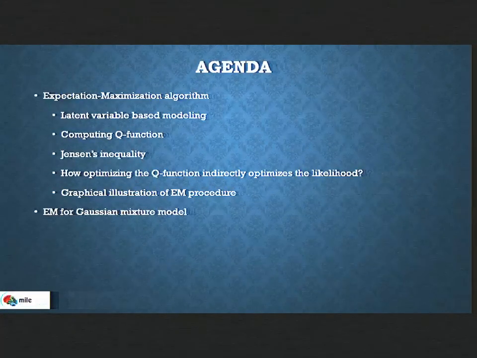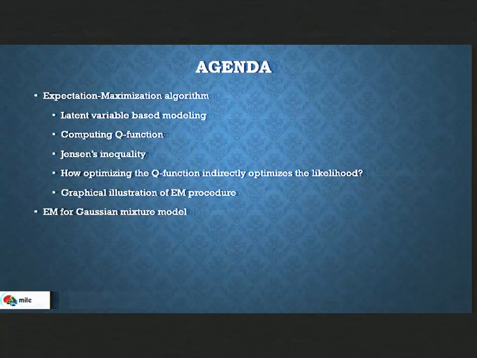So, the need for the EM algorithm is we have seen in lecture 2 that some functions are a bit difficult to differentiate. It has a log inside a summation. So, those functions can't be differentiated and solved using the ML estimation technique.